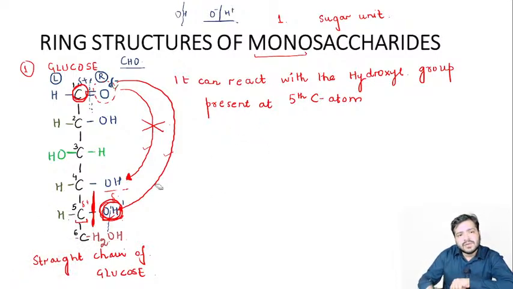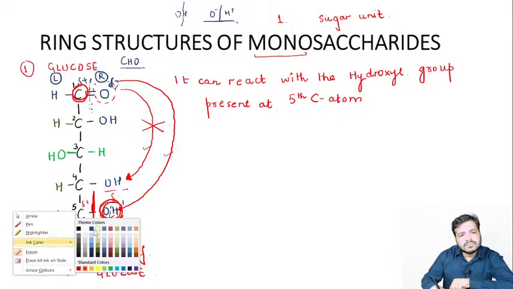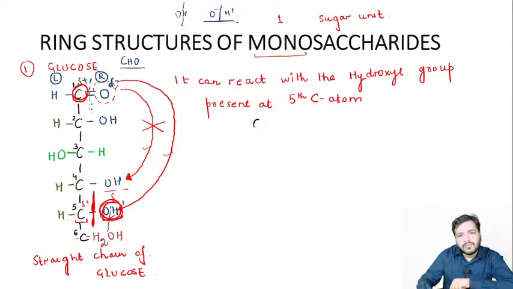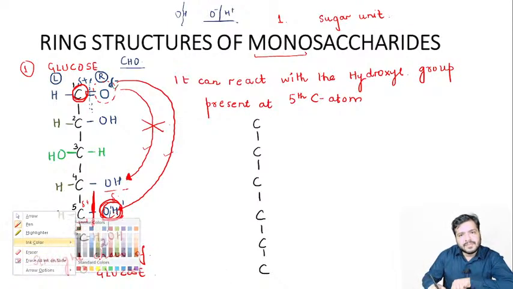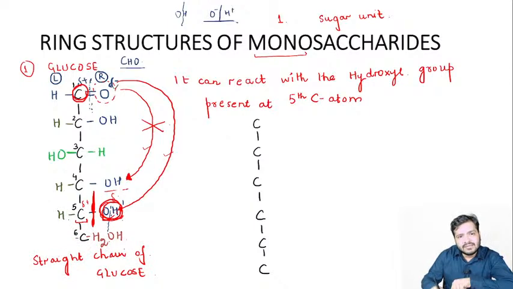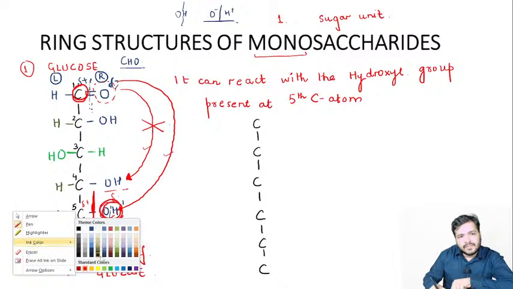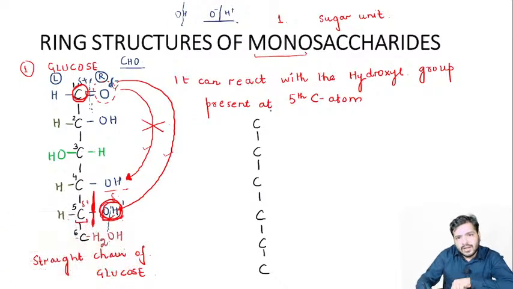So we have 6 carbons. Now you can very well see that this OH will go to this particular carbon. So yes, the blue color OH will come over here.